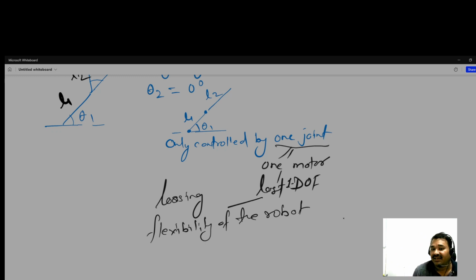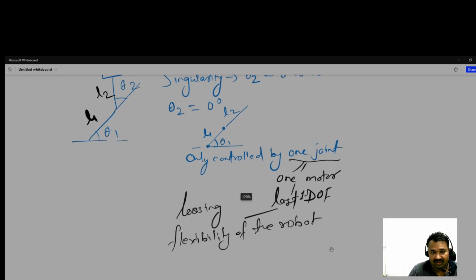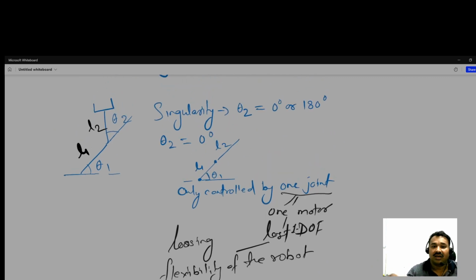If there are cables or other obstacles, then to avoid them the robot needs flexibility. So you can see both the links are completely stressed out. So it is known as the exterior singularity.